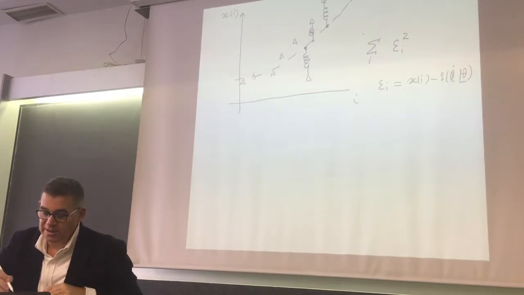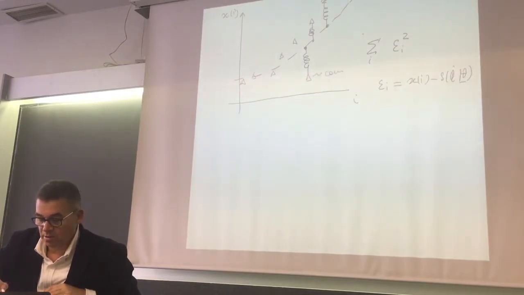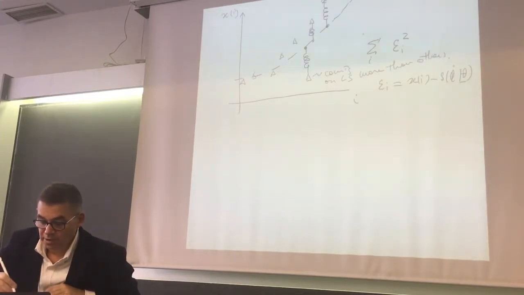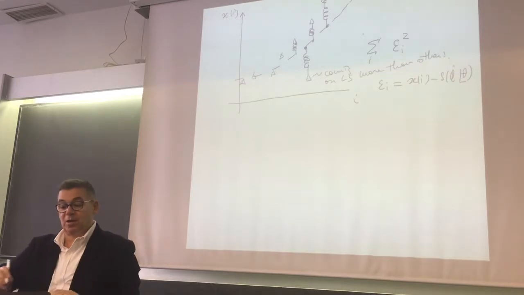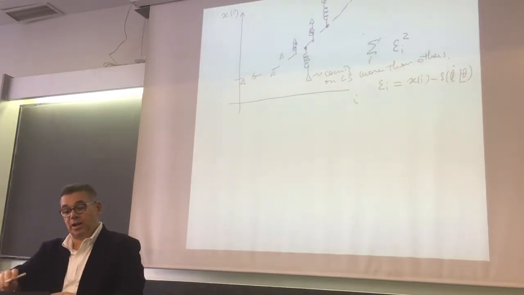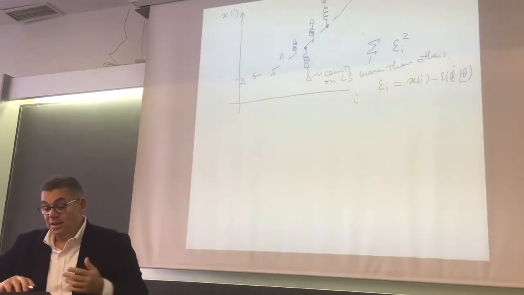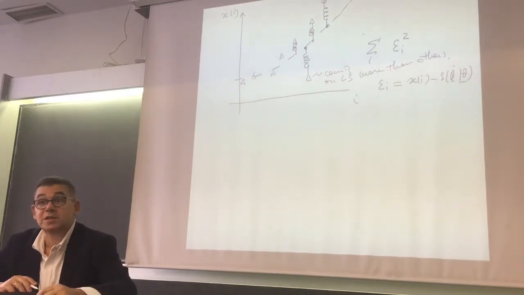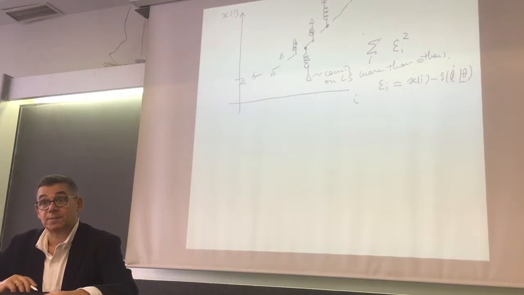So this sample counts on least square more than others. That sample, which is clearly a bad sample, is pulling too much.